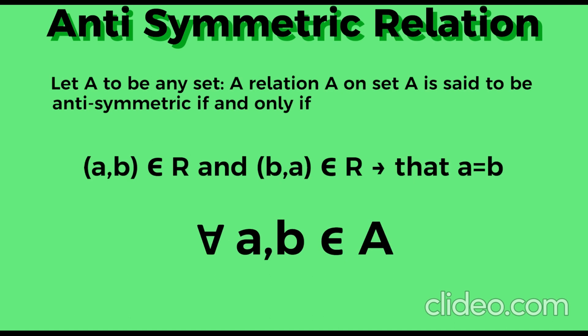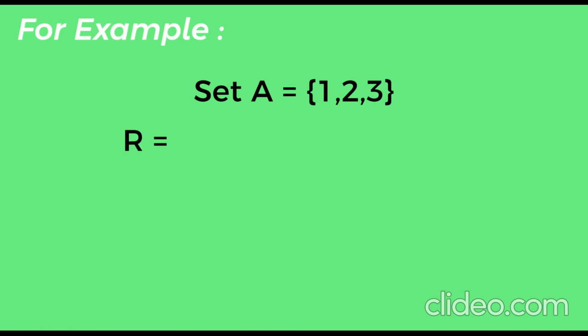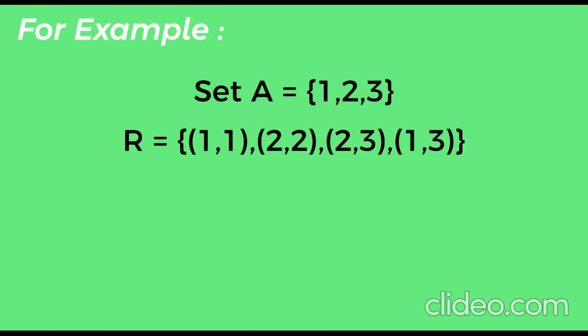For sure, you guys need an example to understand this. Let's consider set A consists of elements 1, 2, 3 and the relation R is (1, 1), (2, 2), (2, 3) and (1, 3).